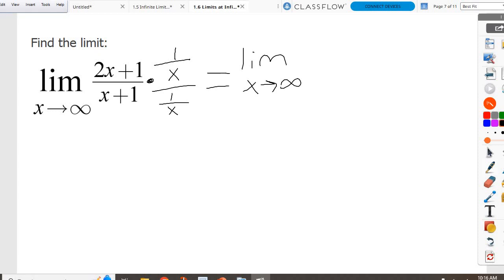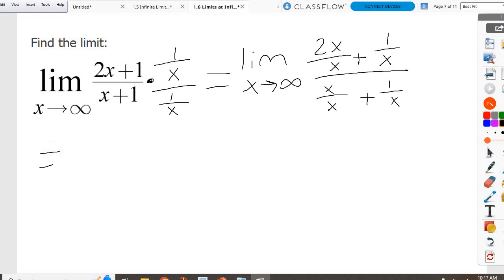So now, if I apply this to both of those, I have 2x divided by x plus 1 divided by x, and then apply it to both of those on the bottom. Are we all okay that I'm just distributing there? Yes? Okay. Now, what is 2x divided by x? 2.